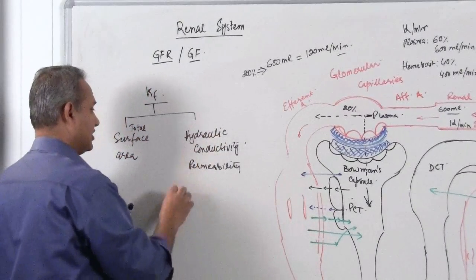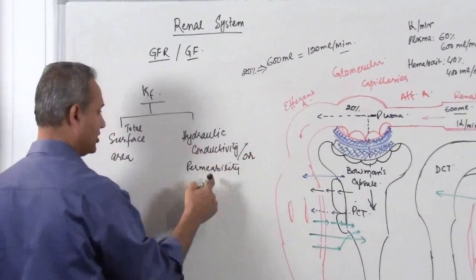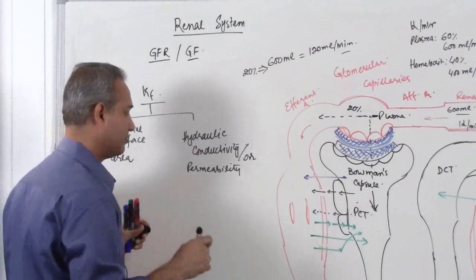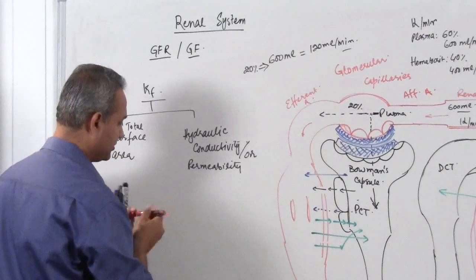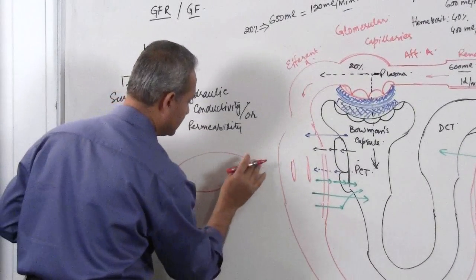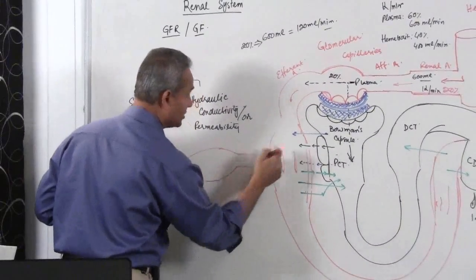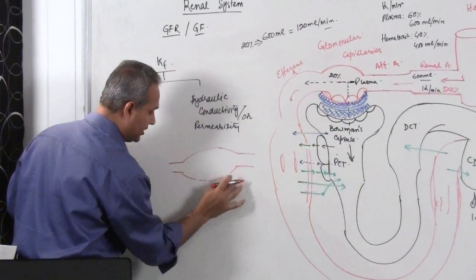So hydraulic conductivity and permeability, same one term, and total surface area. What does that mean? Permeability means that if this is a glomerulus, how permeable is the membrane?